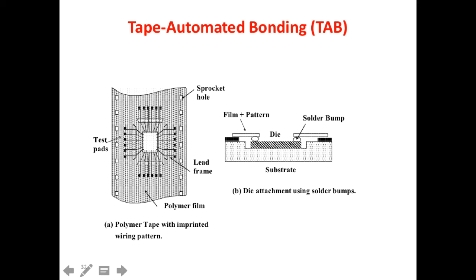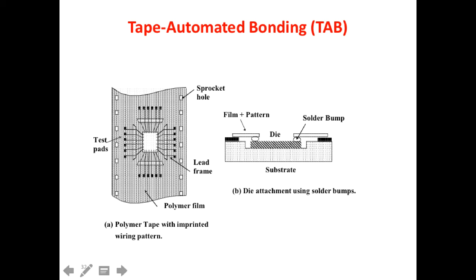So you put the die on the substrate, you put some soldered bumps, some small drops of soldering material, and then on top of it you put the tape in order to connect every pad to the corresponding wires. Okay?